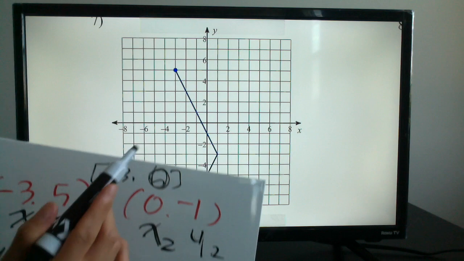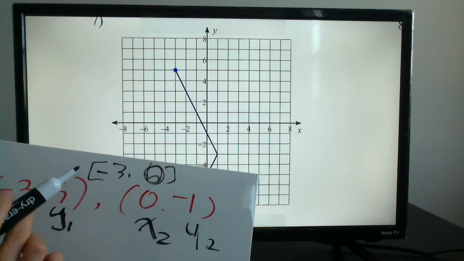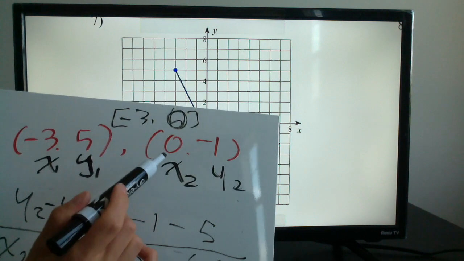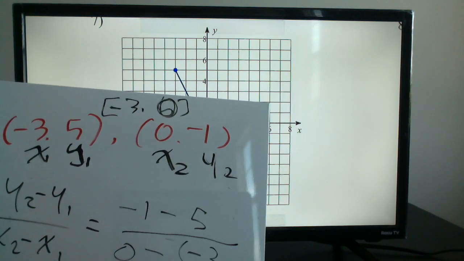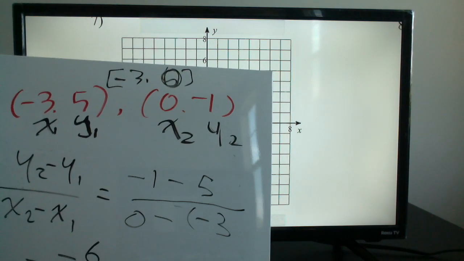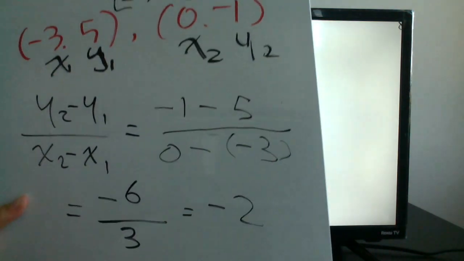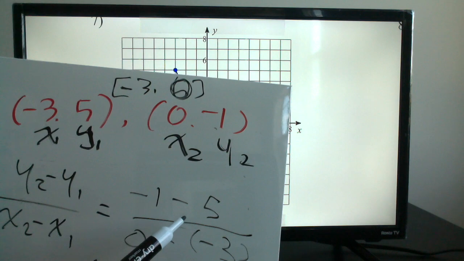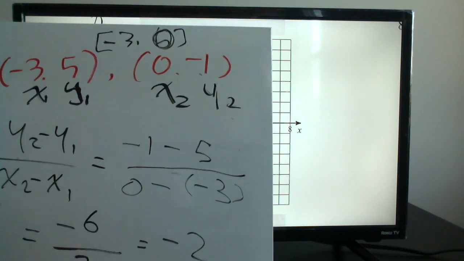So -3 is 5, 0 is -1. So that's 3. And this minus this is, so negative 2.